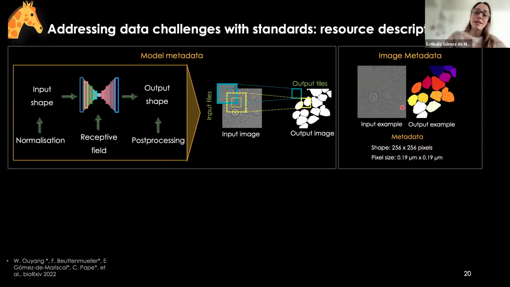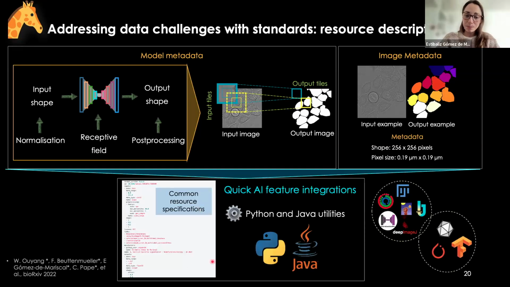And this is again important, as I have tried to convince you, because it is not only about pixels, but also about the physical information embedded in these pixels and how we provide it. All this is in the specs, or the resource description file. It's a text file that we have programmatic tools to access, so we can build these pipelines by accessing something else besides the input shape. And this is where we are building the connection with bioimage analysis open source tools and community partners.